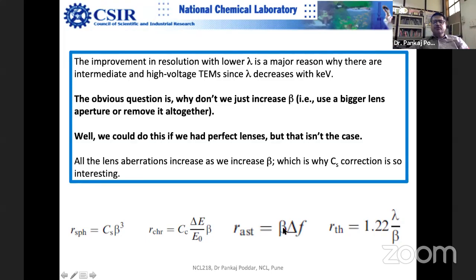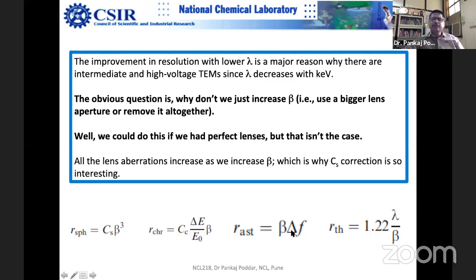Astigmatism is also proportional to beta, proportional to defocus also. Here you don't have defocus values, here you have. So finally, that's why you have to have defocus, because defocus takes care of astigmatism also. So that's why in TEM you work with finite delta F.